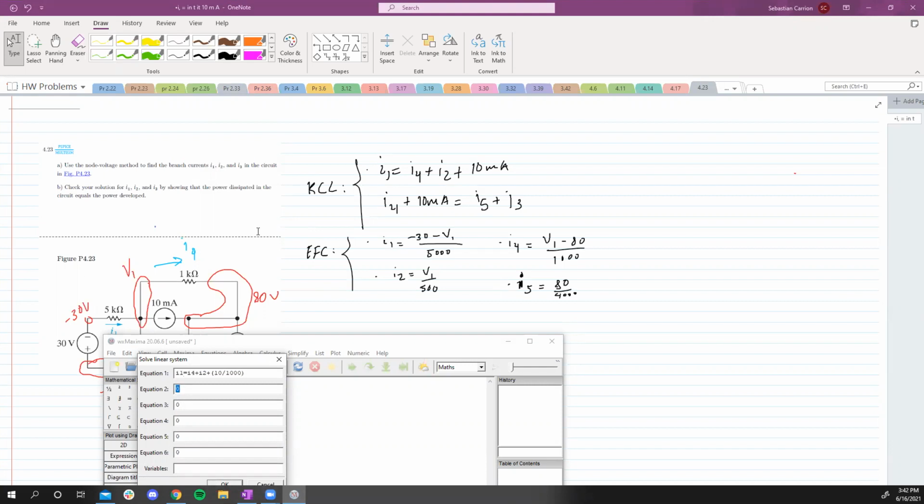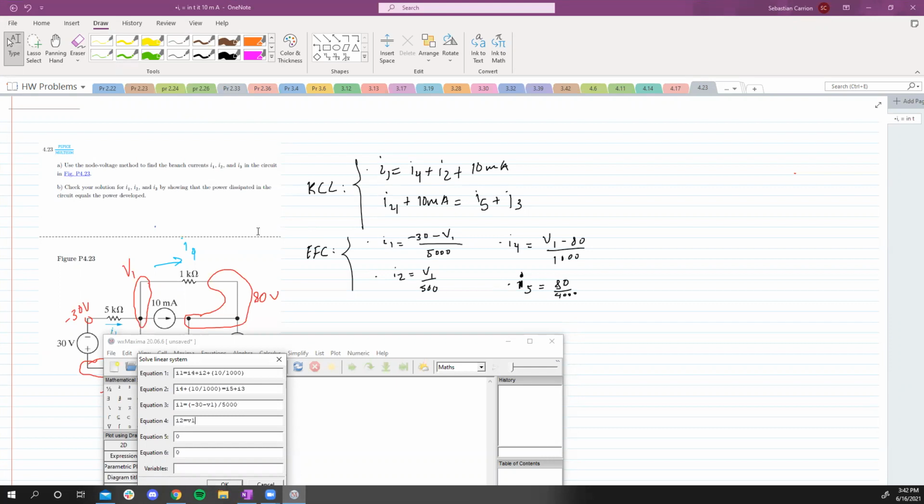Now run. I5 plus I3 equals I1. I1 equals -30 minus V1 over 5,000.